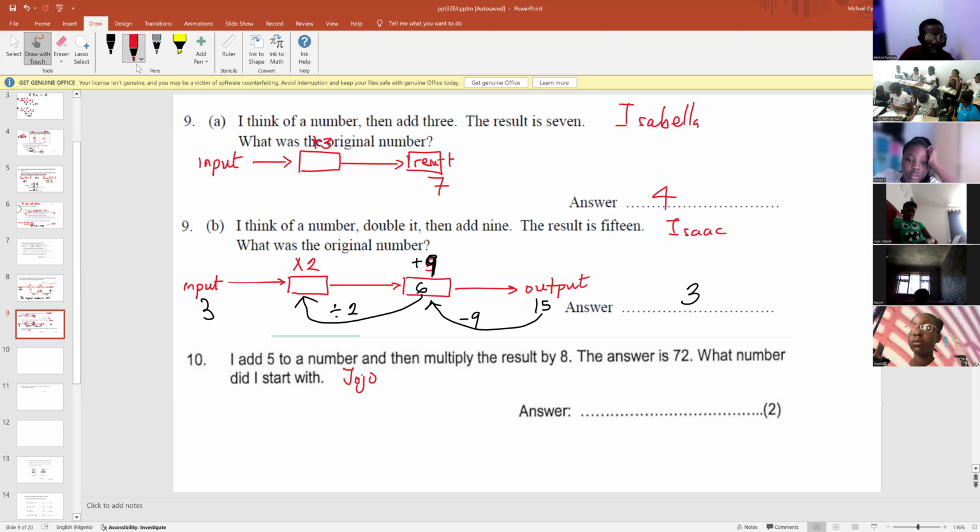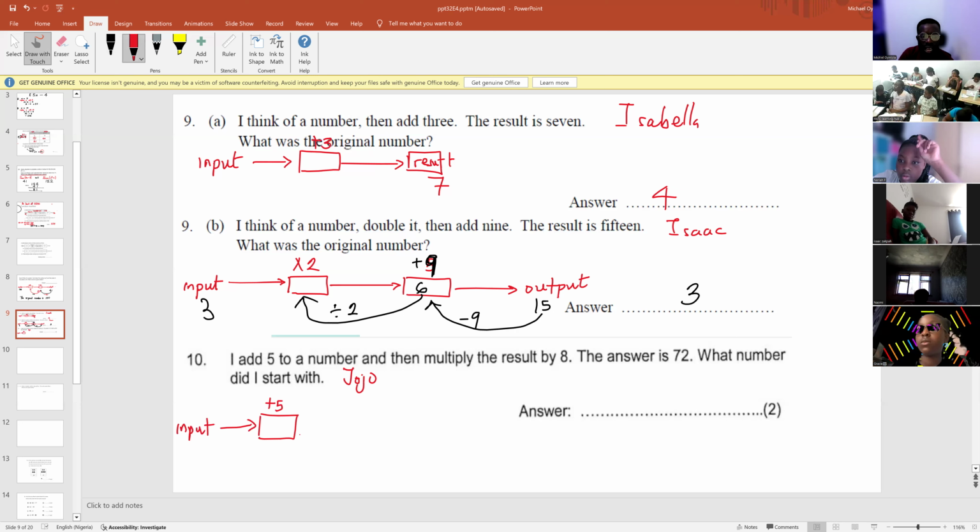All right, so let's do the process. The machine says the first thing to the input is add 5. Then multiply. You times by 8, then it gives you your output.